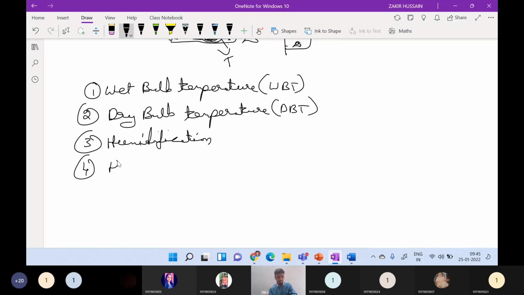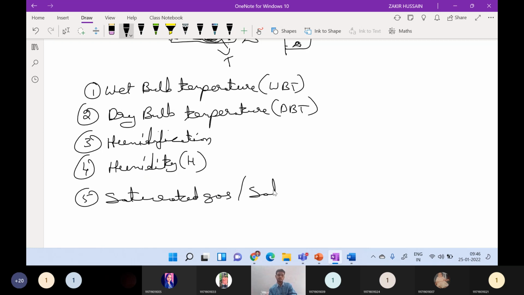Then what is humidity? It will be denoted by capital H. Then the fifth one is, what is saturated gas, or we can say saturation humidity, HS. Then next is relative humidity.